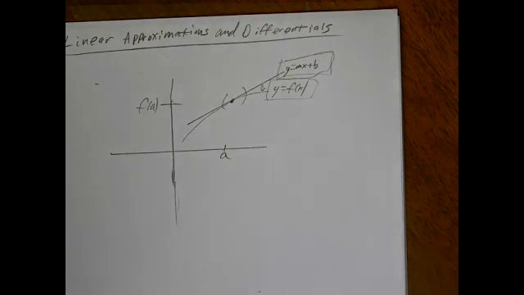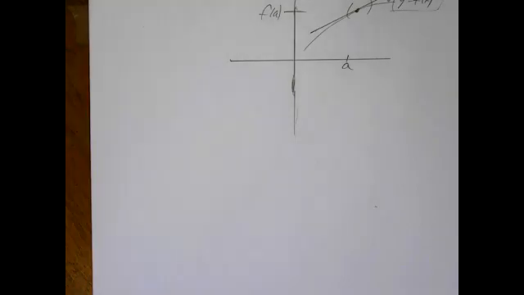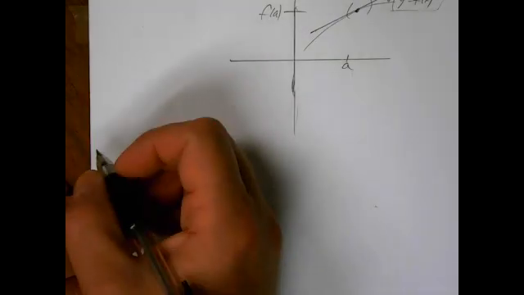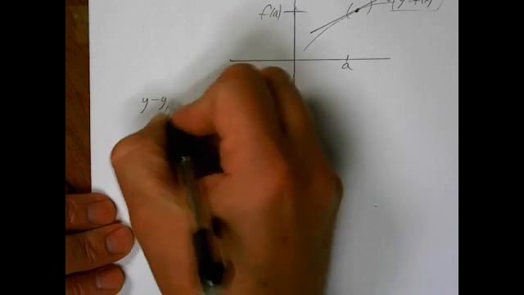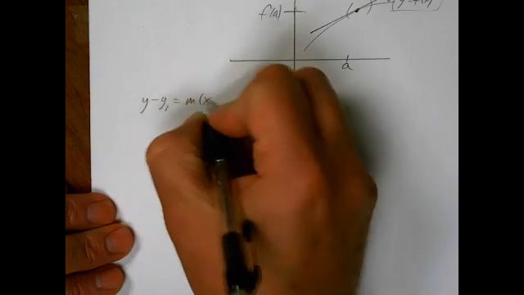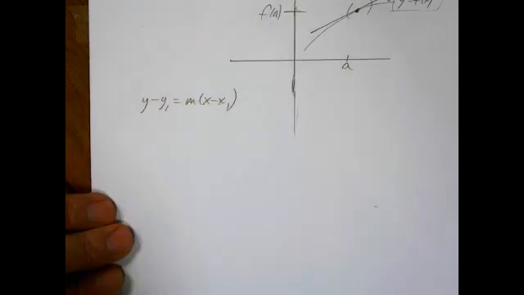Now let's go back and talk about linear equations just for a second and think about where this is going to come from, how this line is going to be developed. Remember, the point slope formula for a linear equation is y minus y1 equals m times x minus x1.